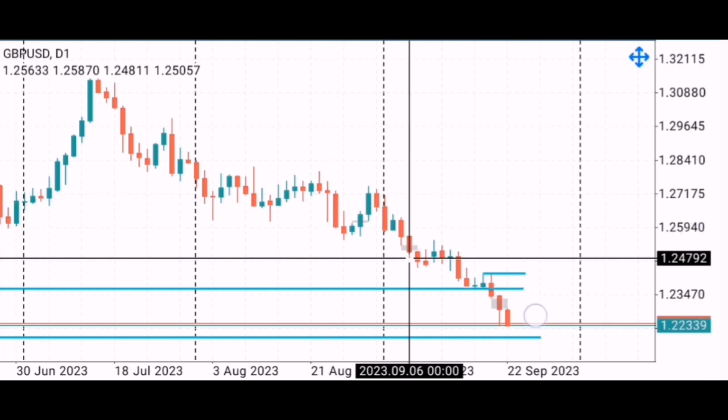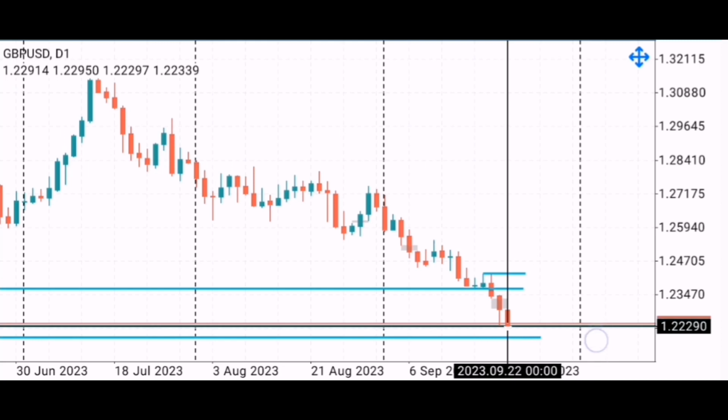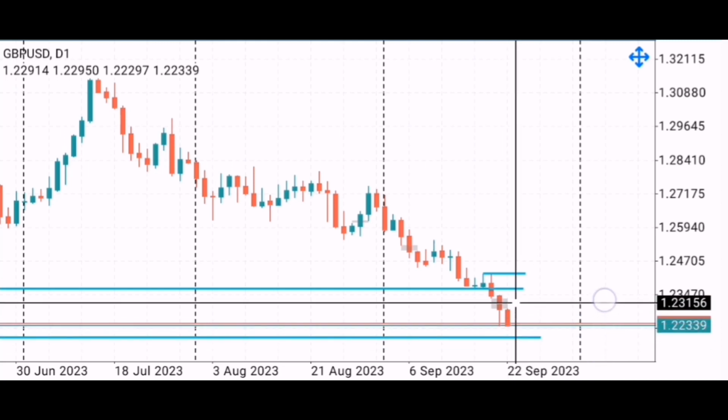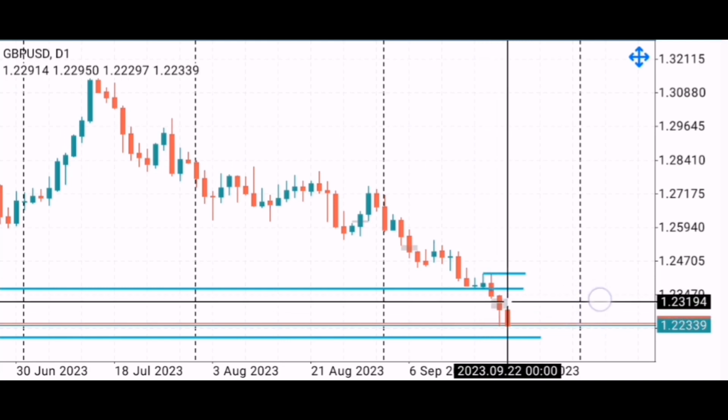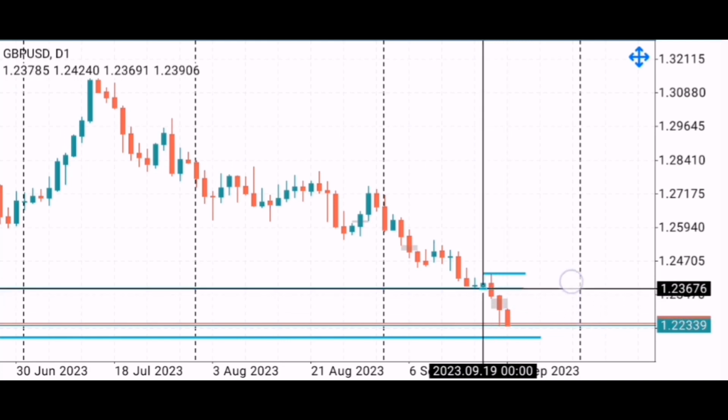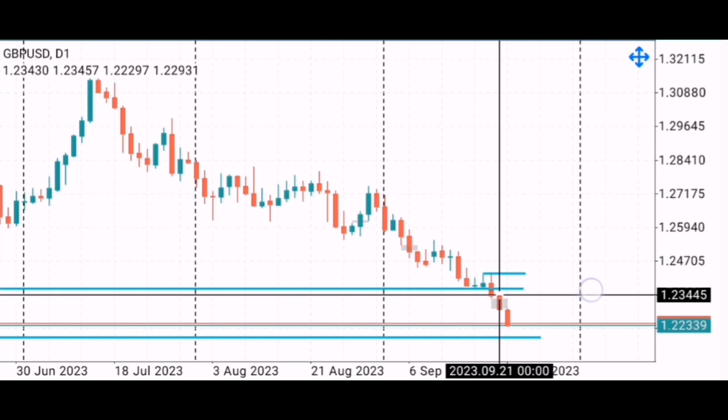Another scenario we can see is before price even gets to this level, for it to trade into this fair value gap that we see aligned here, or simply trade into a higher one that we see over here.